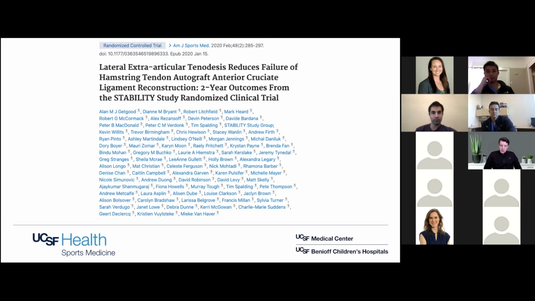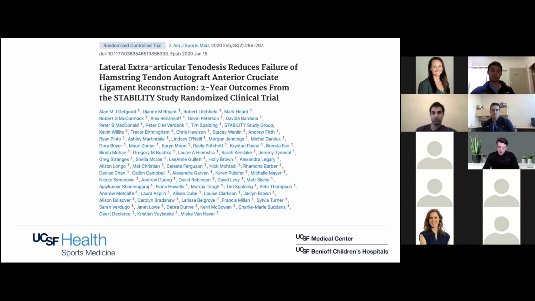Also, obviously, very germane to the concept of improving your revision outcomes. So in a revision patient, you might think about an LET in addition to your ACL. And maybe in that situation where you've got the very young, very active patient, and you don't necessarily want to do a BTB on them, you could do a hamstring plus an LET and get an equivalent outcome.